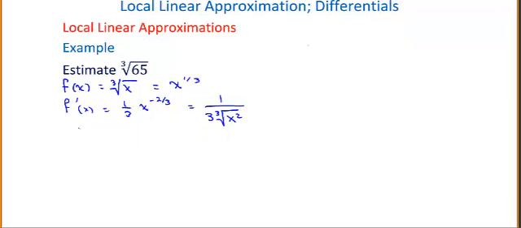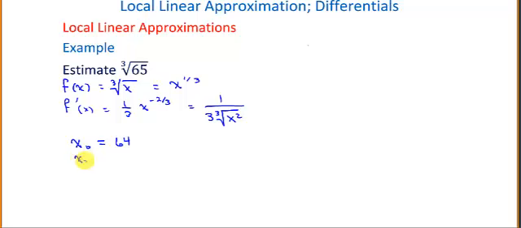Okay, let's let our x0 be a place where we know the values of f and f prime, and that would be a nearby value, you would like it as close as possible, which would be 64. I know the cube root of 64, and I'll need that to evaluate either of these.